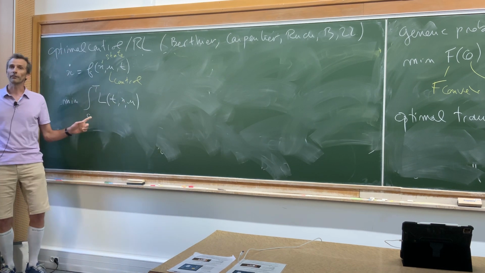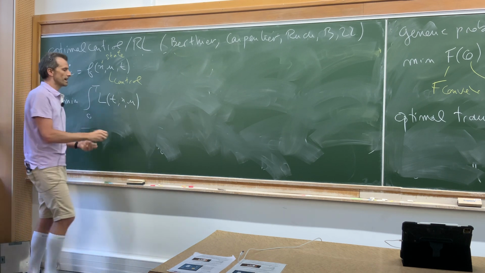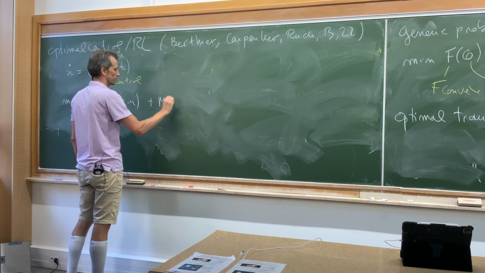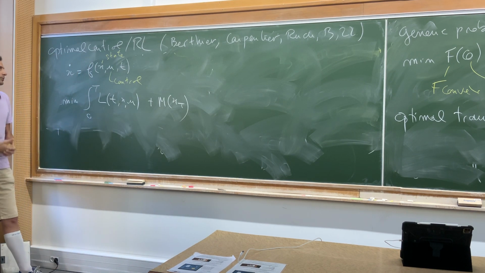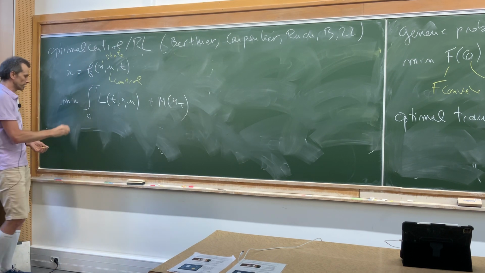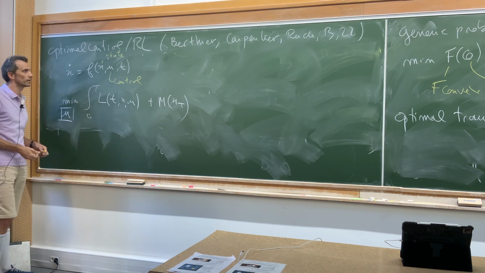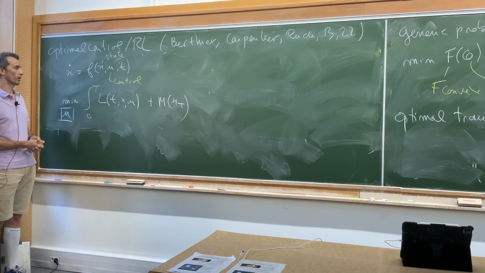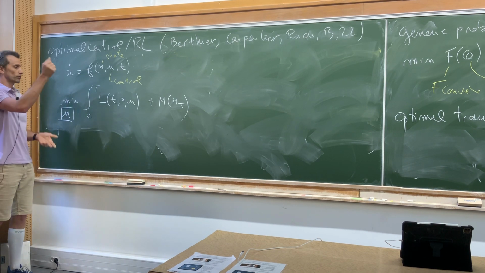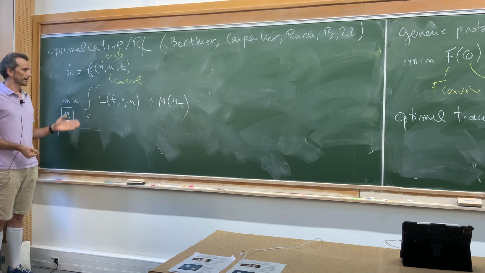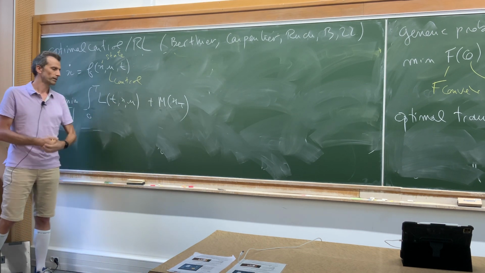If you prefer, this is R of S, A, and you maximize if you prefer RL, plus some terminal cost. So this is a generic optimal control problem, and of course it's a min with respect to u, and u is a function of time. You want to control your rocket to go to Mars, and you want to minimize some costs along the way, plus you want to reach the destination, hopefully.